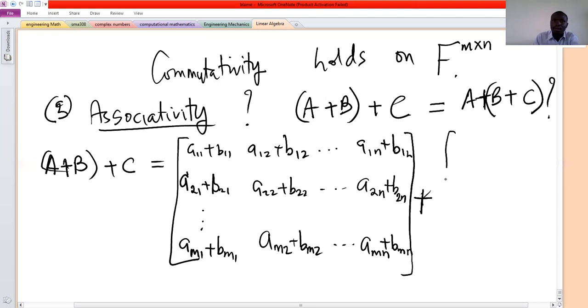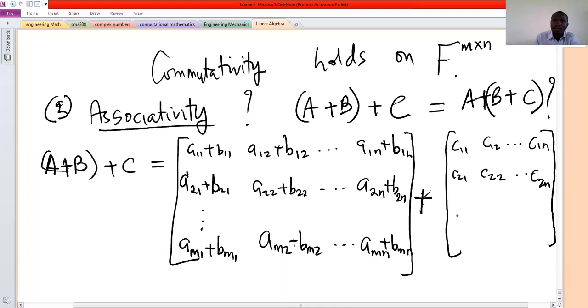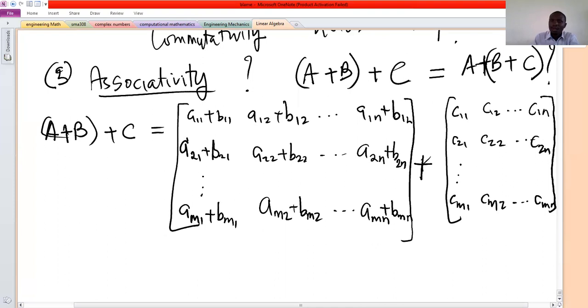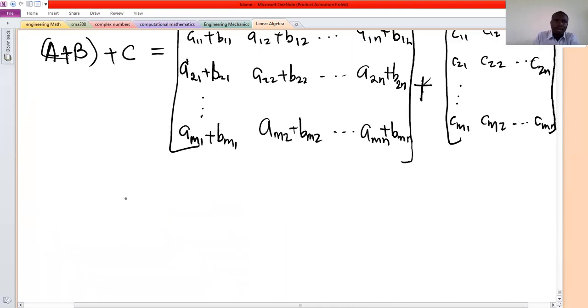C is given by C11, C12, up to C1n, and then C21, C22, up to C2n, all the way up to Cm1, Cm2, up to Cmn. Now, these are two matrices, so we add corresponding elements.